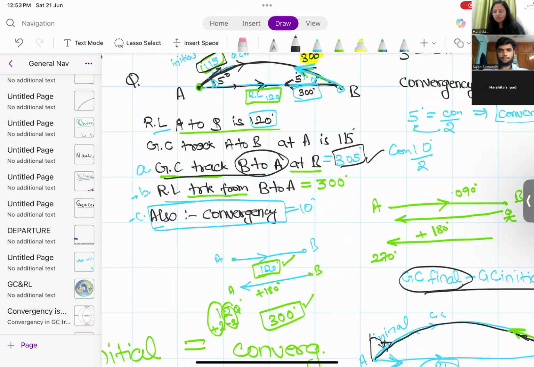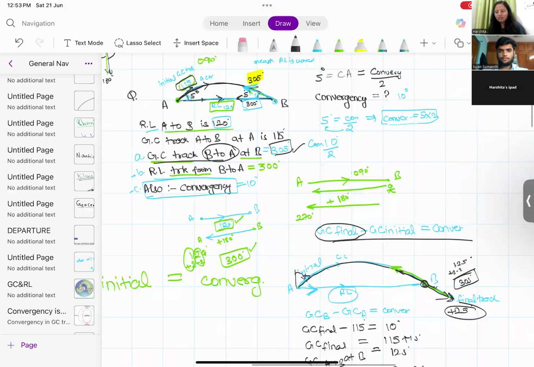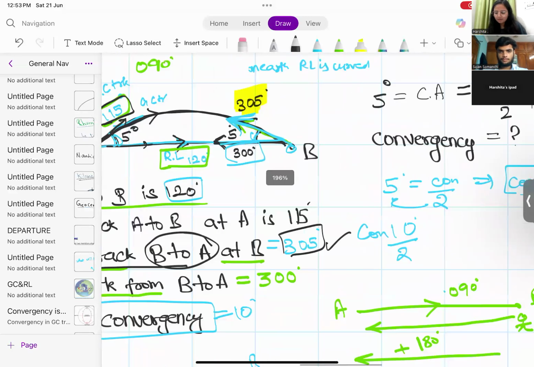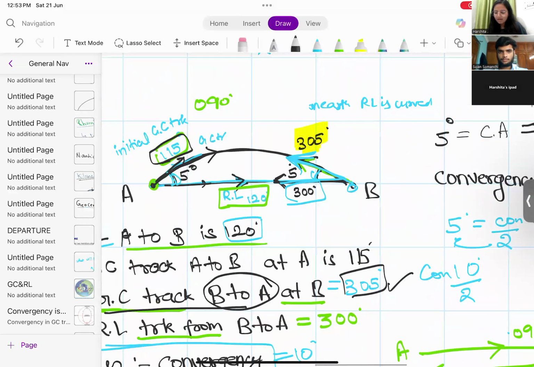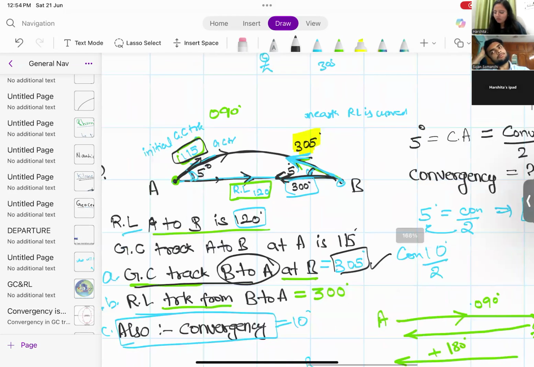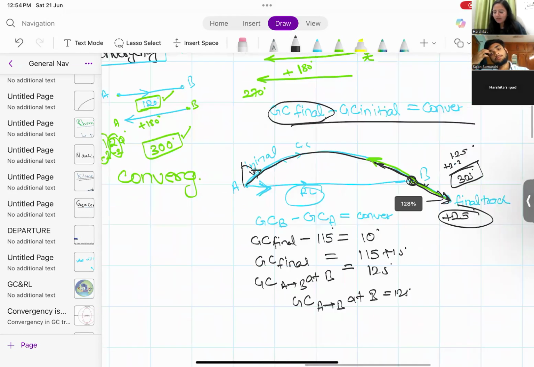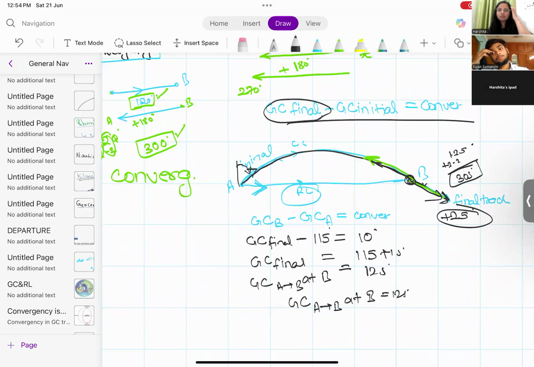Yes. So there are two ways of solving. Either you take the rhumb line, just add or subtract the convergence angle, and you'll know the value of your great circle track. Or you can apply the formula and then solve the question.